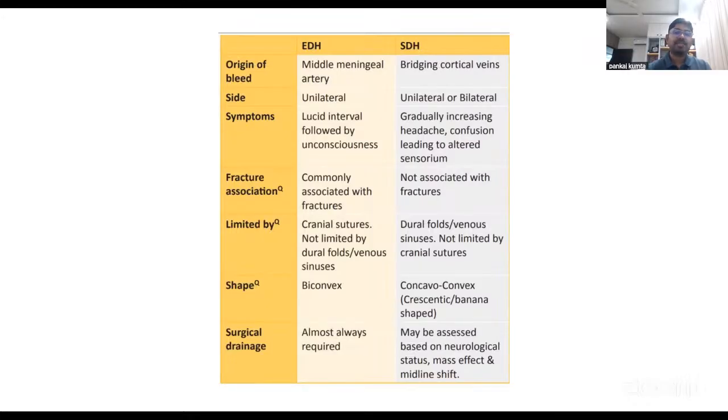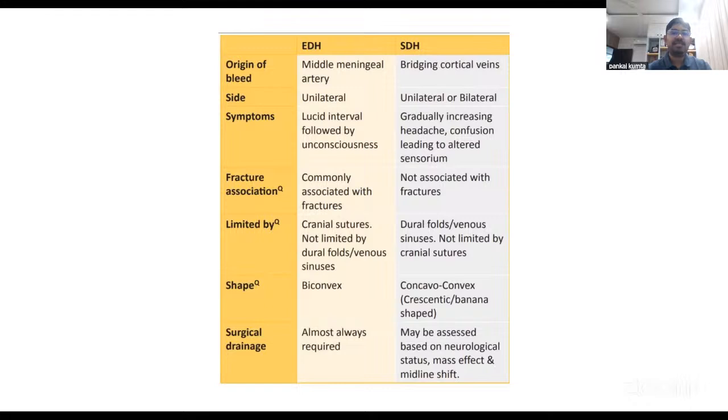trivial injuries. Limits: the EDH typically is limited by the cranial sutures, but not limited by the dural folds or venous sinuses. The SDH is not limited by the cranial sutures, and typically you will see that it extends to other areas.